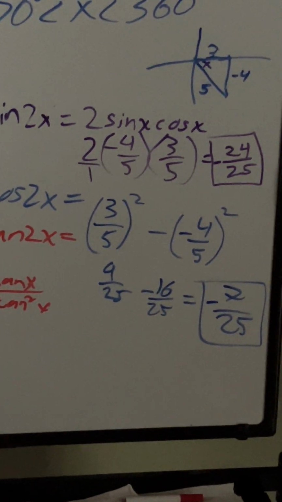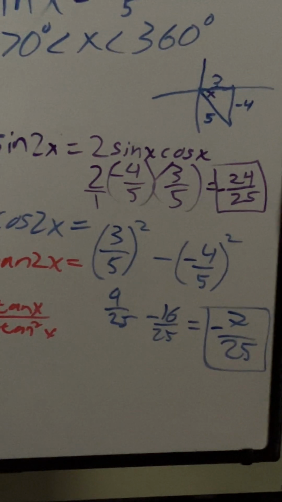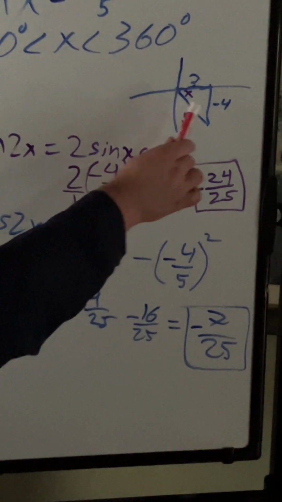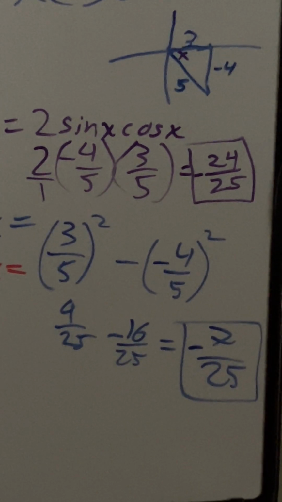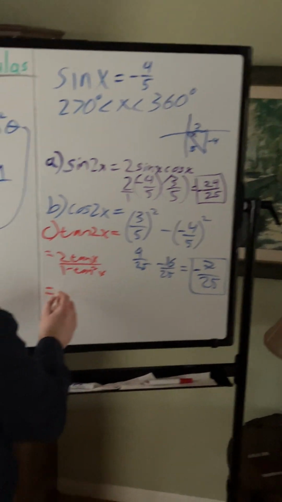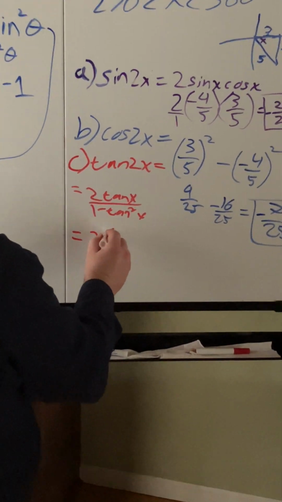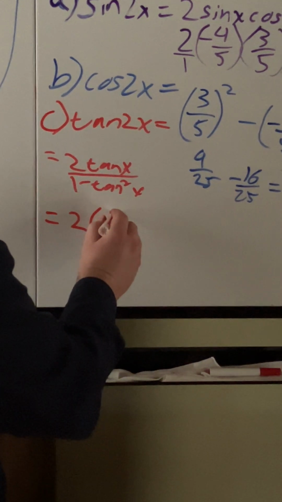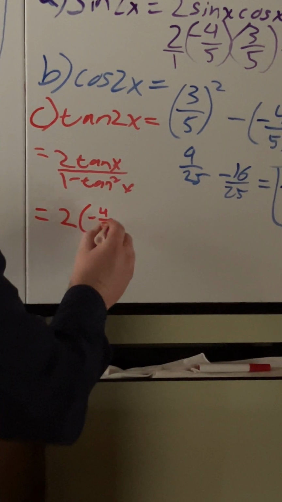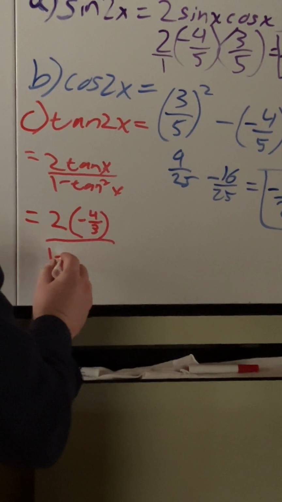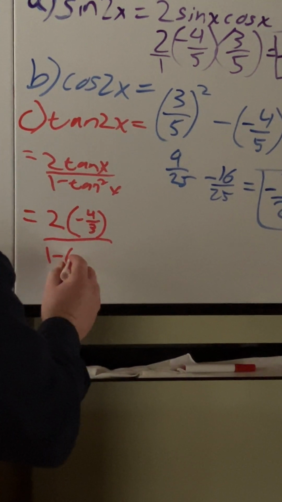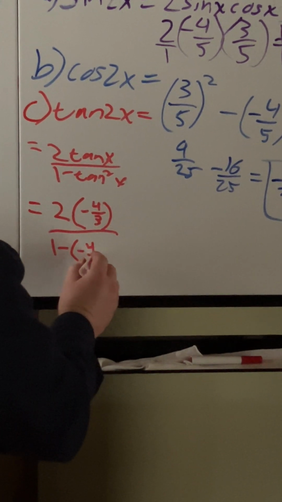Remember, tangent is opposite over adjacent. So that's -4/3. So we get 2 times -4/3 over 1 minus -4/3.